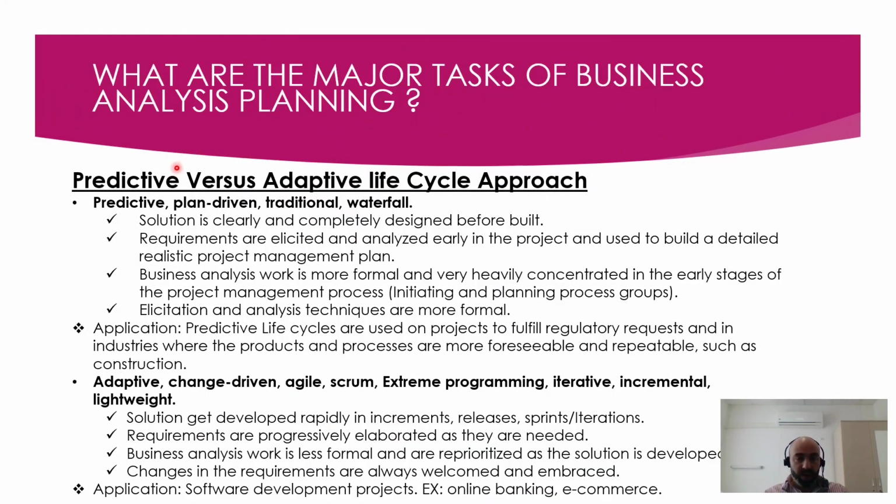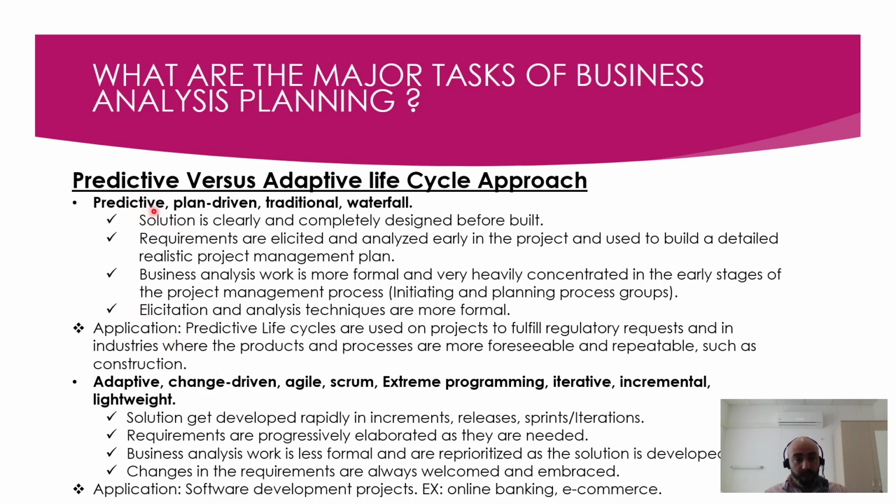Two life cycle approaches for projects are predictive or adaptive. Predictive has synonyms or similar words that are used: mainly you can say predictive, plan-driven, waterfall, traditional, legacy. Here is a brief description of each of them and their application.